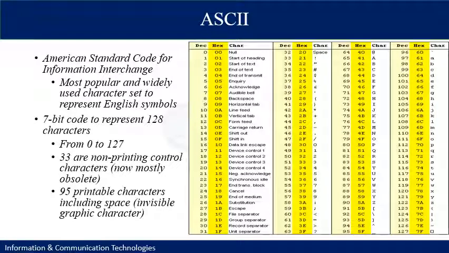So most commonly, the numbers 65 to 90 represent the capital letters, and numbers 97 to 122 represent the small letters. Similarly, numbers 48 to 57 represent the digits 0 to 9. The rest are some special symbols and some hidden or non-printable sequences.